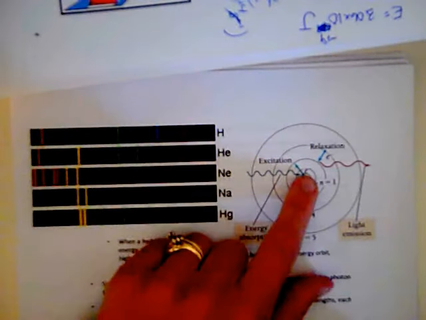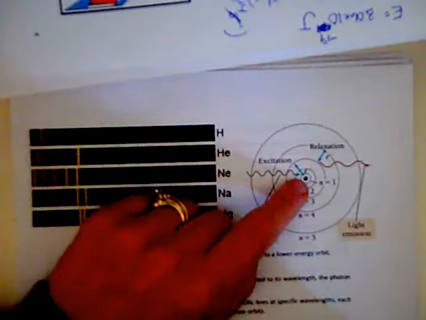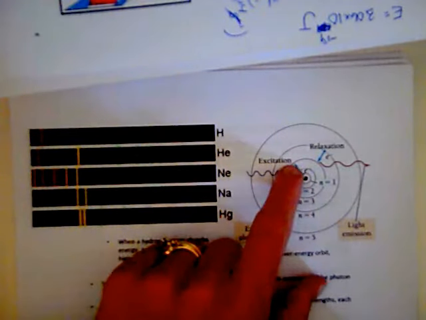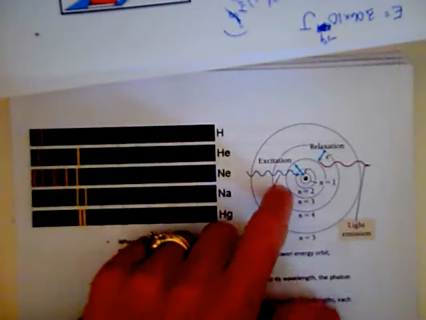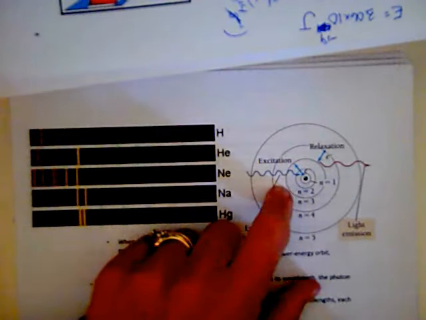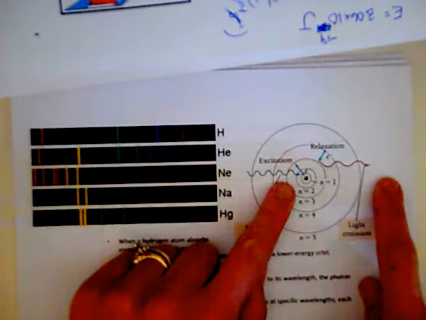And when it relaxes back down, it will give off the same amount of energy that it required to move energy levels. So this is a phenomenon. Not only do these electrons go from one energy level to another, but they need a very specific amount of energy required to do so, and they give off a very specific energy according to where their energy levels are located. And each element is different. So when the element relaxes back to the ground state, it gives off energy in the form of visible light.